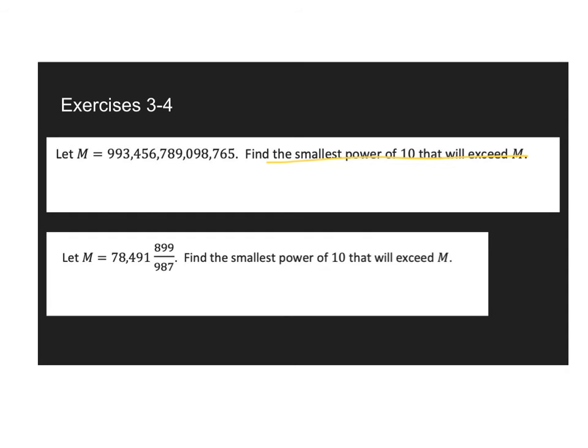So we want to identify our leading digit, and then we want to figure out how many spaces we're moving. Okay, make sure you count them out. And then we'll rewrite our number in scientific notation.